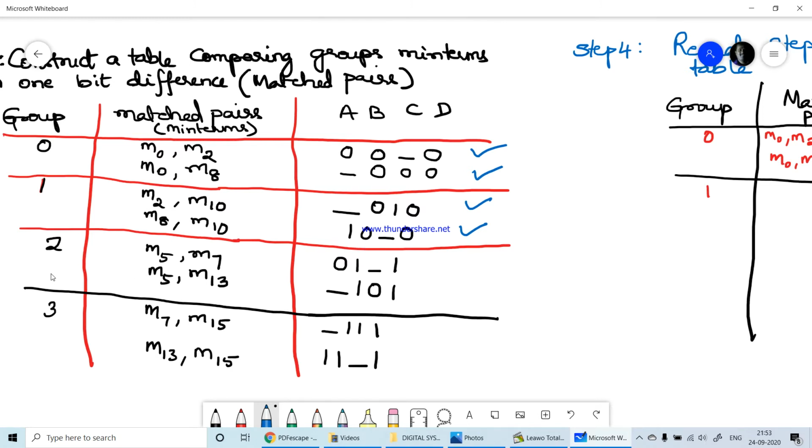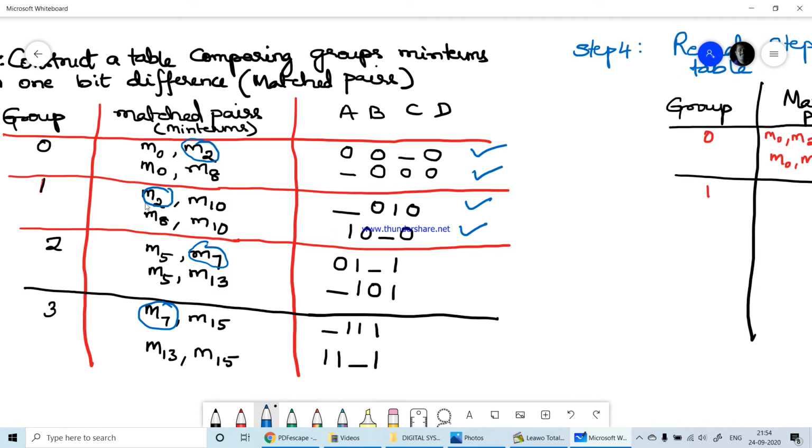Now let us match groups 2 and 3. M5 M7 is matched with M7 and M15. See, there is one more thing I should say. Whenever you match terms where you can see the same minterm repeated, those will not match, because you will get more than one difference. Similarly we got M2 here and M2 here, and we have seen that these are not matching.